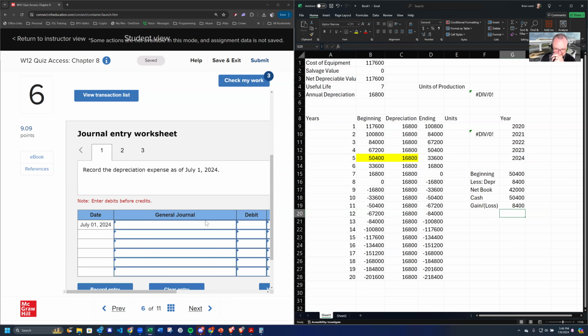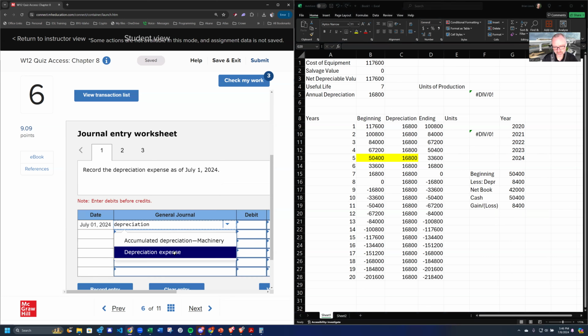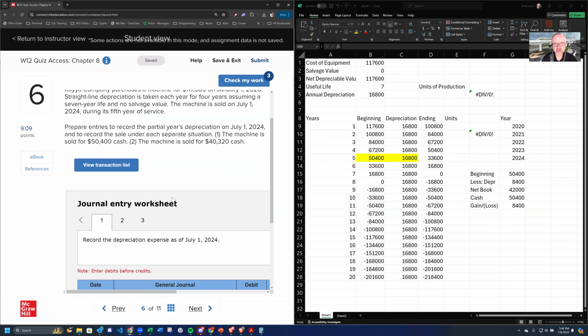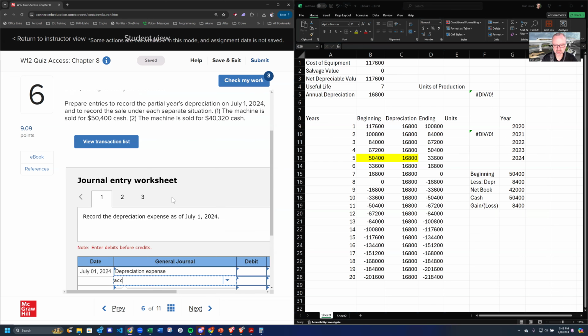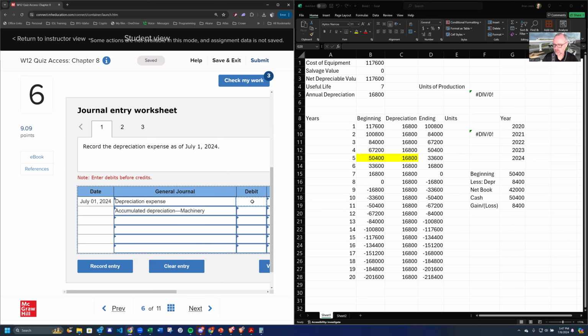So first, July expense. We're going to do depreciation expense, and we're going to do accumulated depreciation. Is this a machine? Yeah, machine, equipment. And this is going to be for the half of the year of 2024, right?